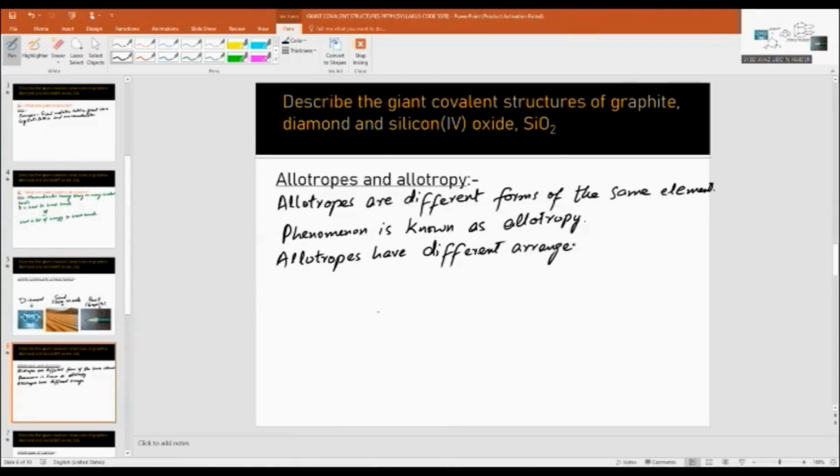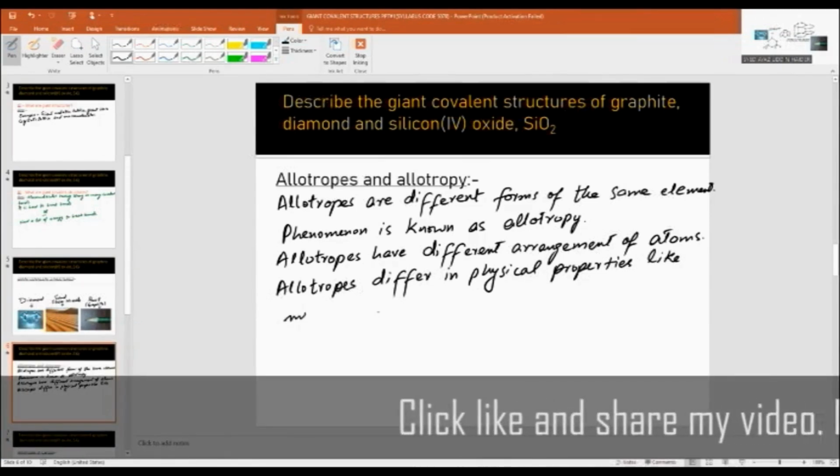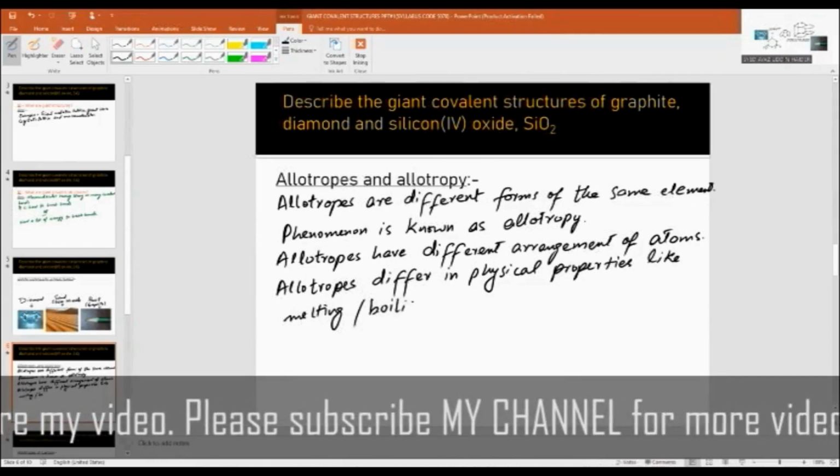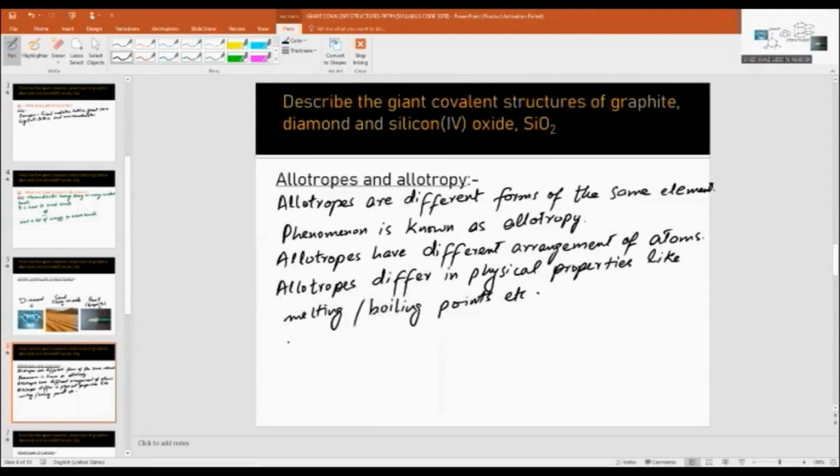Due to this, allotropes differ in their physical properties like melting point, boiling point, density, etc. But they have the same chemical properties because they belong to the same element.